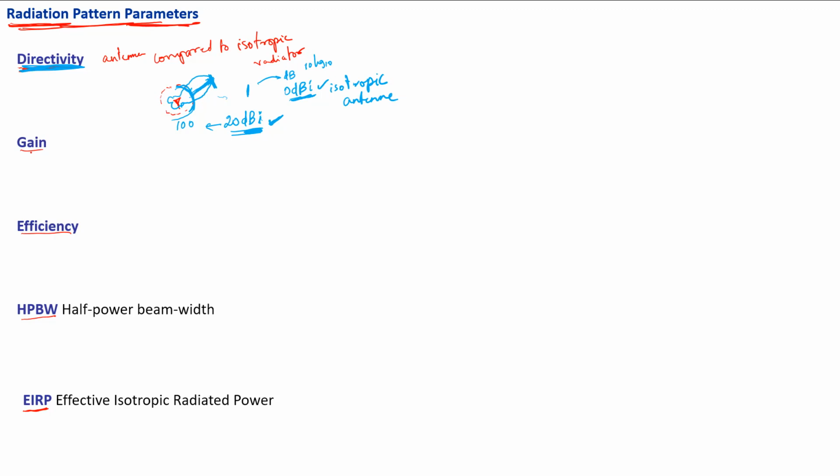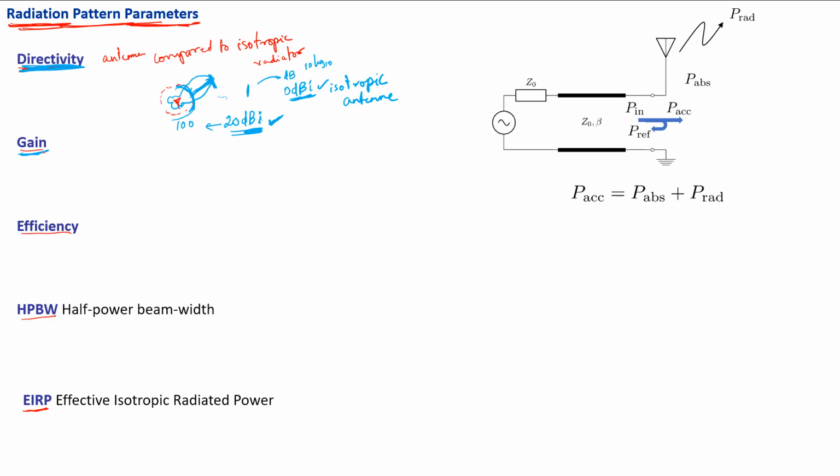The next parameter we're going to look at is the gain. Gain relates to how much power you radiate in a direction with respect to the power that is accepted by the antenna. To understand that, let's look at this picture. Let's say there is an RF source feeding a certain input power, P in. When you connect that to the antenna terminals, part of that power is accepted by the antenna, and part of it can be reflected back.